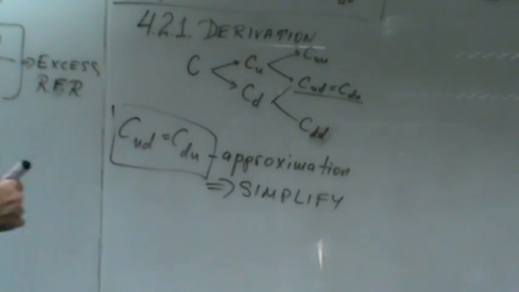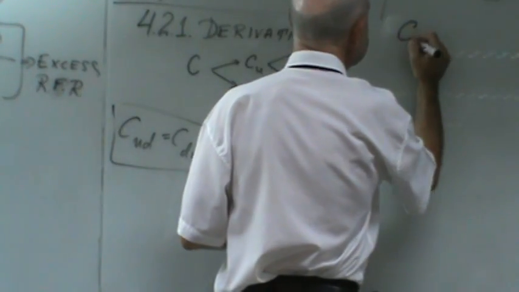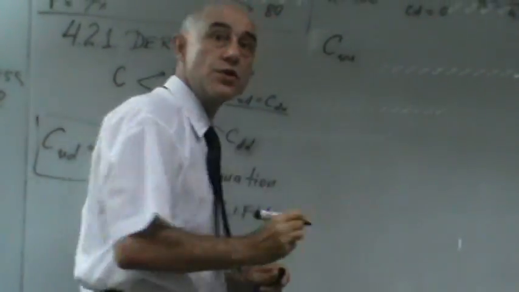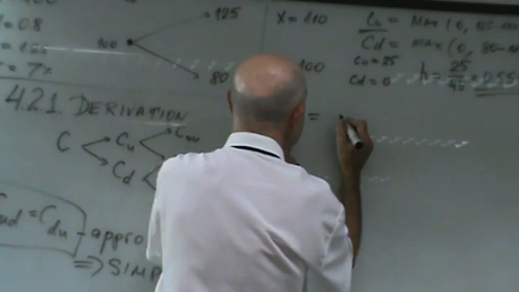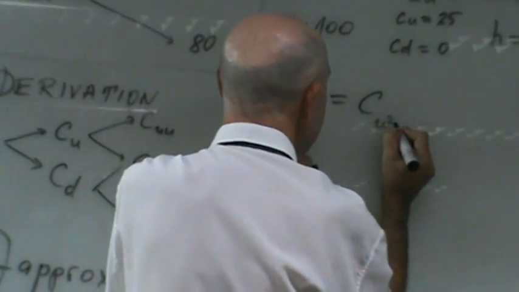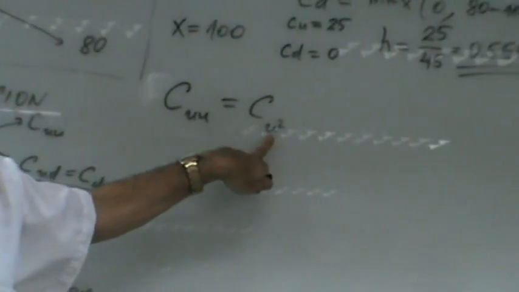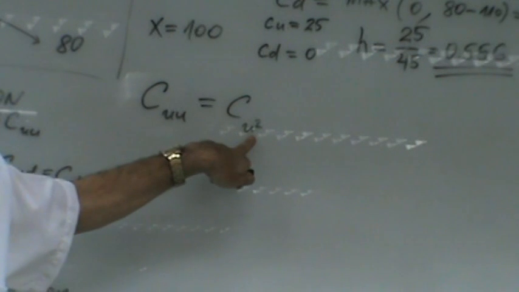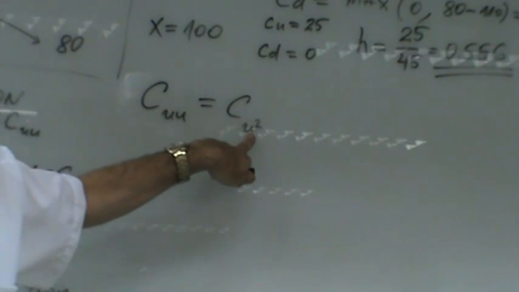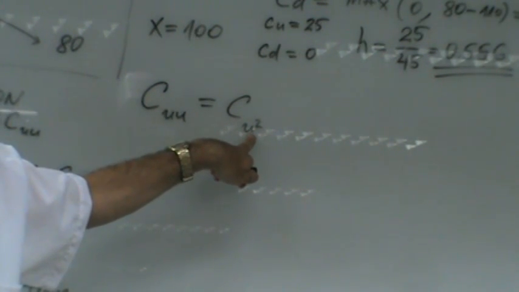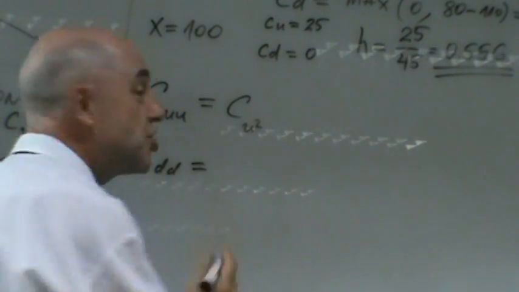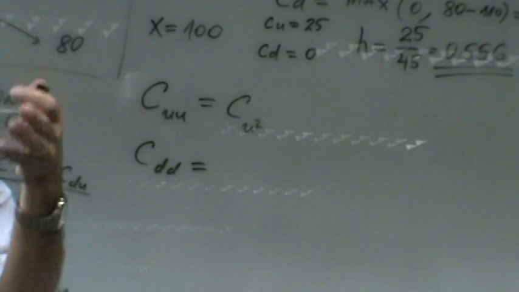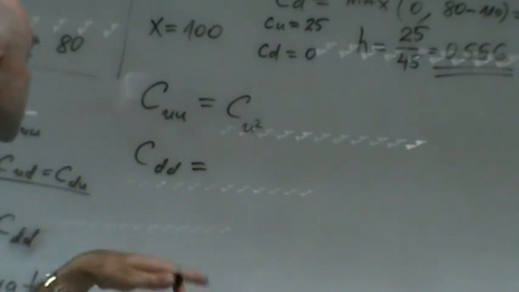The other notation is, we can say that CUU, meaning two ways up, we can also designate as CU2. Doesn't mean U squared. It simply means 2 up days, okay? And similarly, CDD is just a shorthand notation.